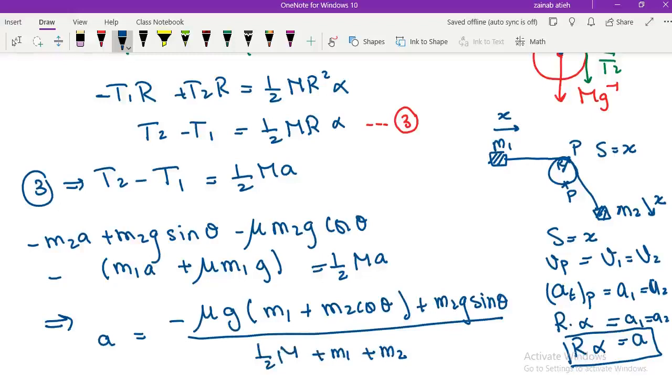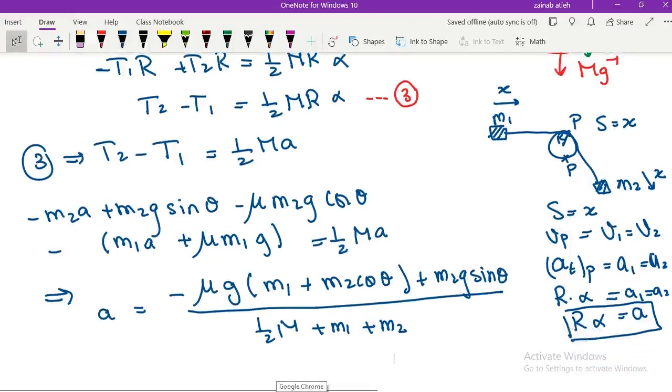Okay you calculate it. Once you do that صار معكم ال A.